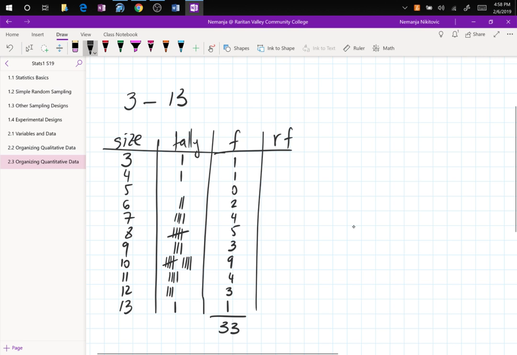So we have 33. And this is the way to represent quantitative data, because remember, shoe size, it's numbers, so it's quantitative data, and this is called a single value grouping. Now I understand there are 12 and a half, and we can include that and make this more robust, but whatever. So this is going to be called single value grouping.